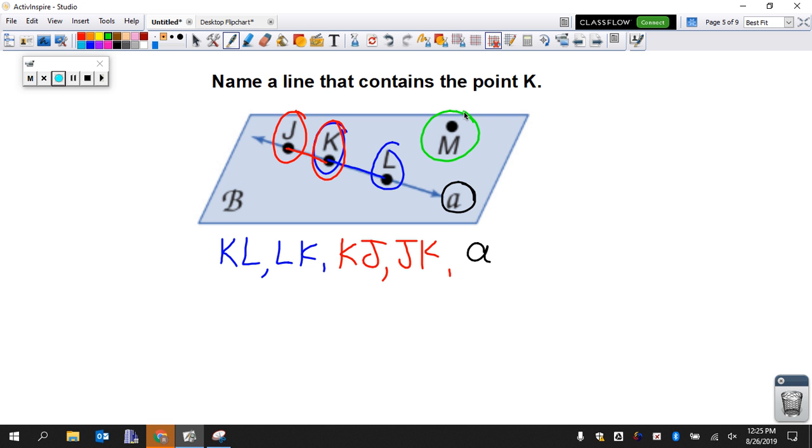That's not to say that we could not draw a line from M to any of those points on the line that's already drawn, but there is not a line drawn at this point. It is, however, on the same plane as all the other points. So it's coplanar with the other points. It's just not collinear with any of those points because there's not a line drawn through it, although we could if we needed to.